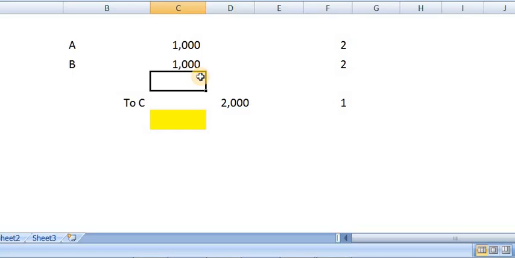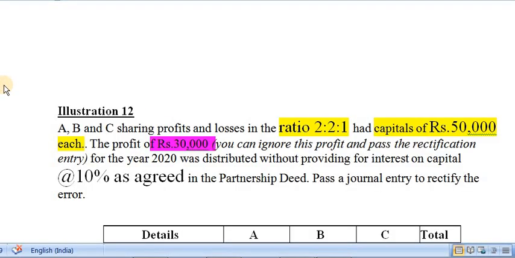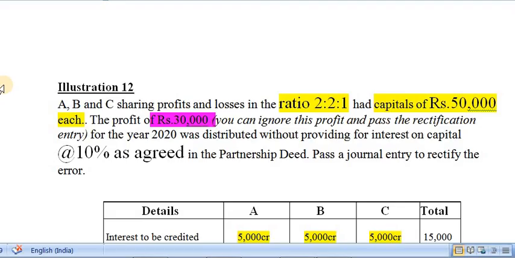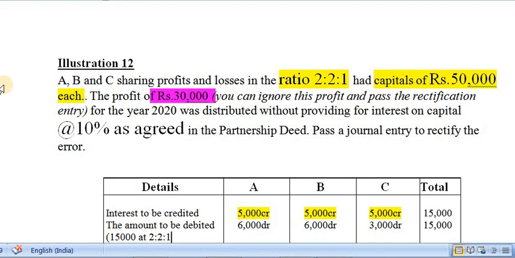That is the journal entry: A debtor 1,000, B debtor 1,000, to C's capital 2,000. That's all, finished. Let us see what I did here in the Word document. This is actually copied from my book. It is the same thing. A, B, C should get 5,000 each.